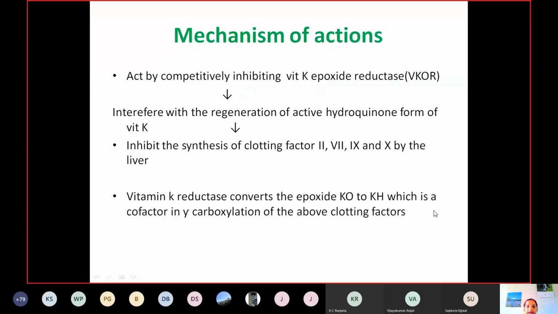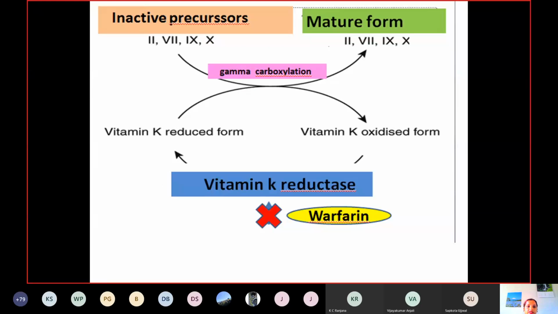thereby inhibiting the action of vitamin K in a dose dependent manner. You can see in this figure, which I have already explained, how vitamin K is required for the activation of the different clotting factors, that is factors 2, 7, 9, and 10. These are the vitamin K dependent clotting factors. Vitamin K is required for the gamma carboxylation of the glutamic residues of these clotting factors.